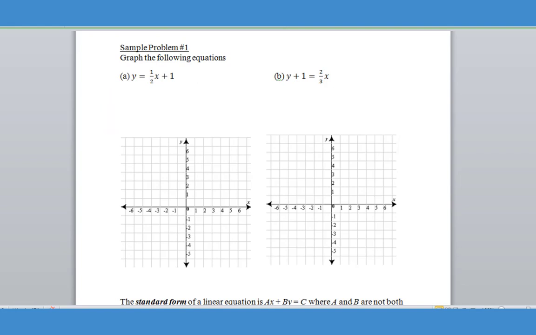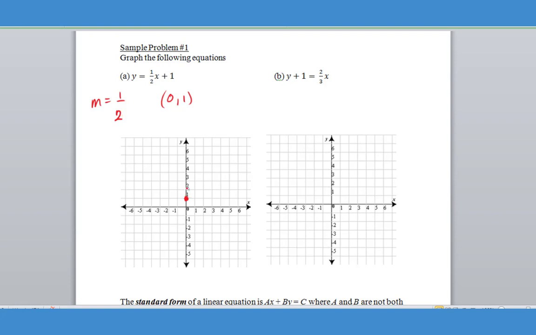Let's take a look at the first one. Part A is pretty straightforward. We have a y-intercept of 0, 1. I'm going to plot that first. That's my starting place to start counting slope from. It's very important that you always count your slope from an actual point on the graph, and the quickest and easiest point we can find is the y-intercept. Then the slope is 1/2, so that's rise over run.